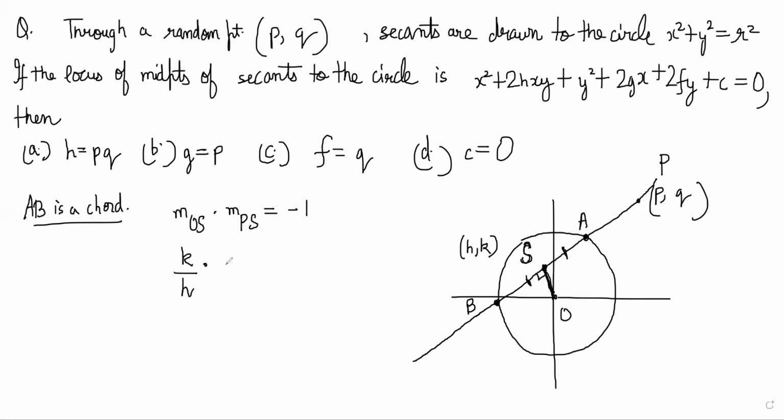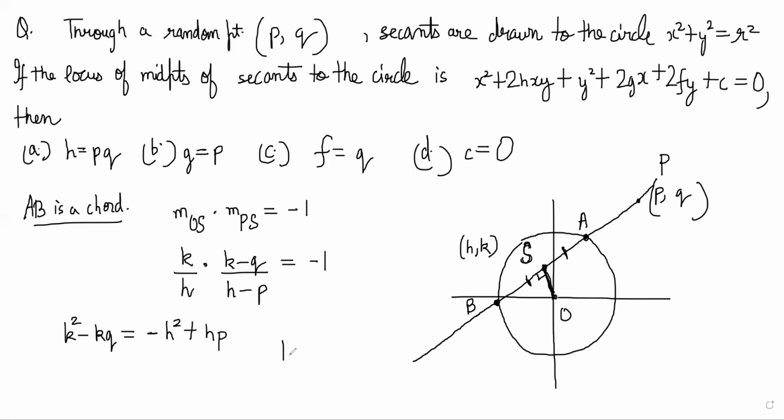So OS slope will be K by H, and PS slope will be K minus Q by H minus P, right? So this relation we have for sure. So you will get K square minus KQ is equal to minus of H square plus HP.